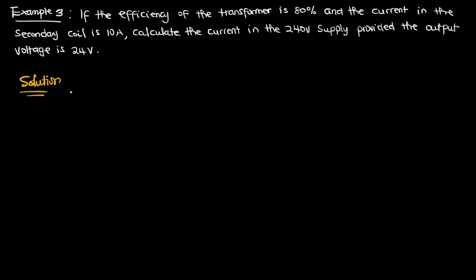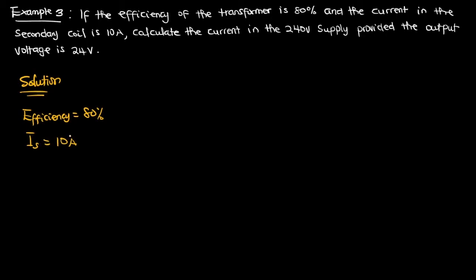They said that the efficiency of the transformer is 80%, and the current in the secondary coil is 10 amperes.